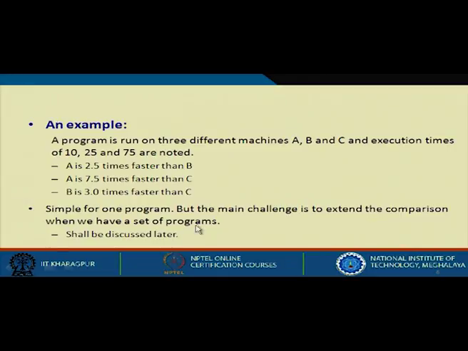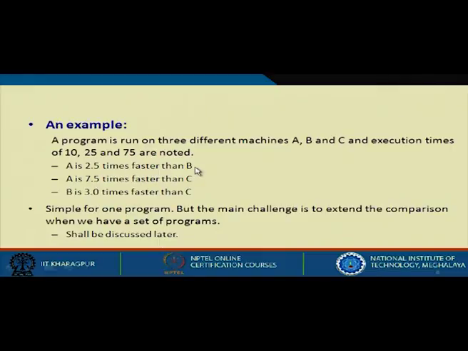Now, let us take some examples. Let us say a program is run on 3 different machines, A, B and C, and the execution times are 10, 25 and 75. What can we say from this? A, which takes 10, is 2.5 times faster than B, since B takes 25 and 25 divided by 10 is 2.5.